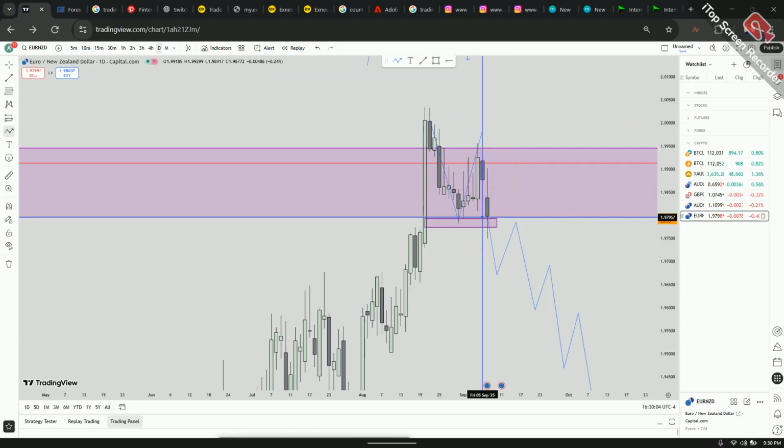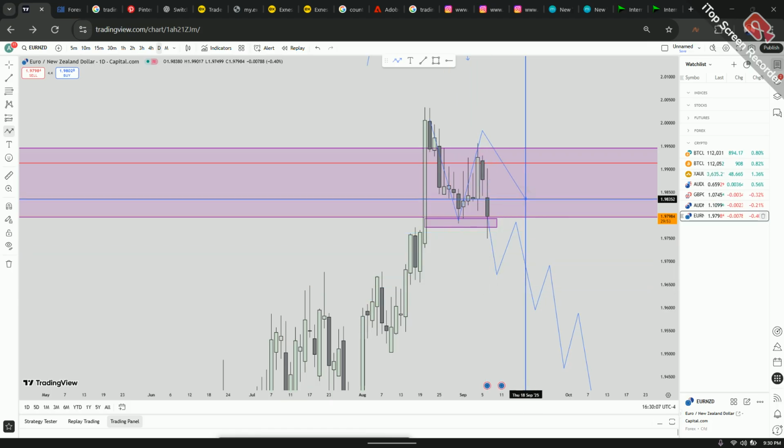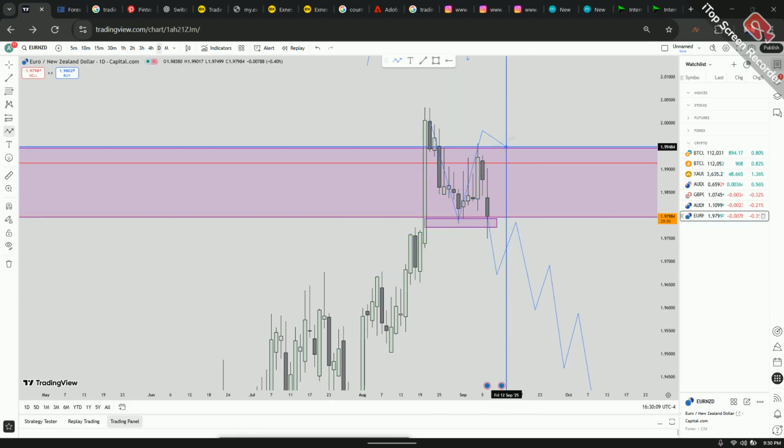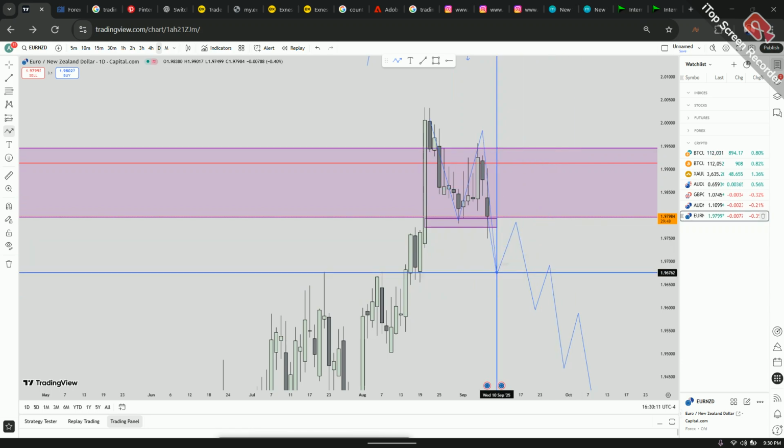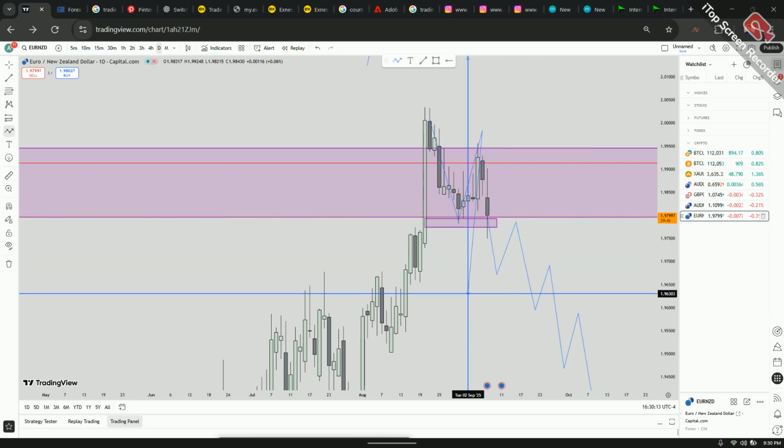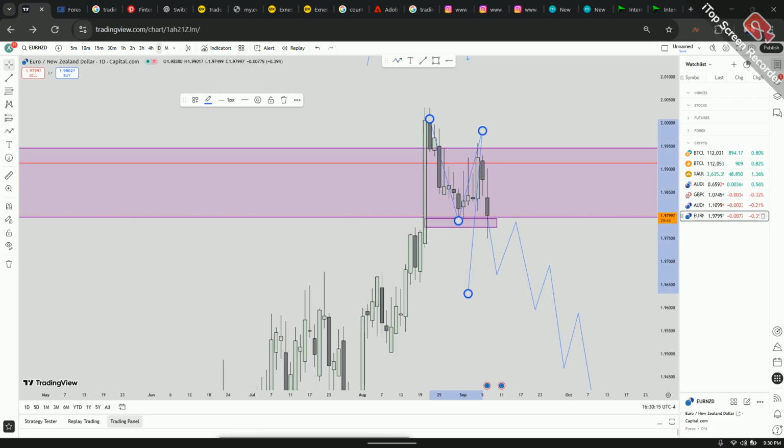What does it mean? It's showing weak rejection. It's giving us signs of change of character, signs that it can no longer continue going up. It's that simple. There's nothing hard.